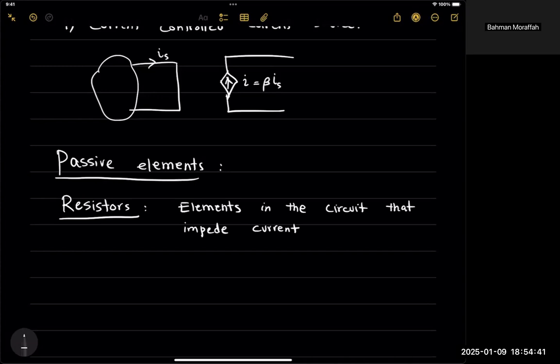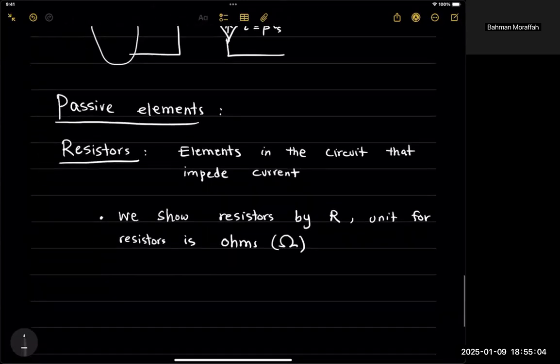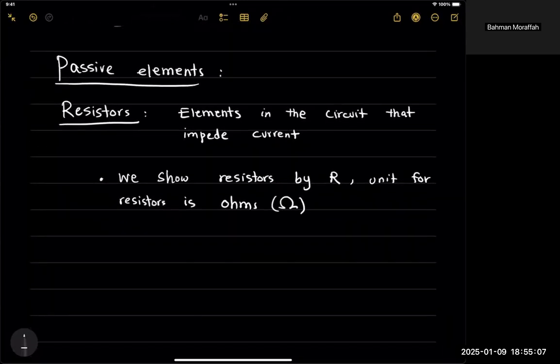We usually show resistors by R, and the unit for it is ohms, right? Sometimes we're interested in the inverse of this value. We define that to be G, which is the inverse of R, and we call this conductance.